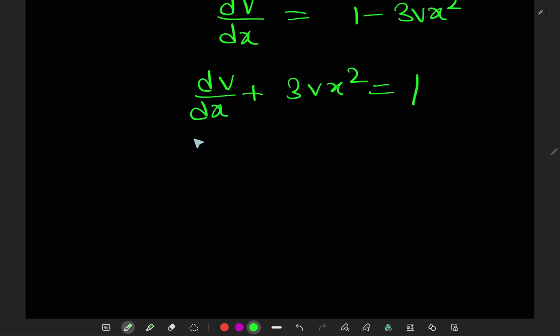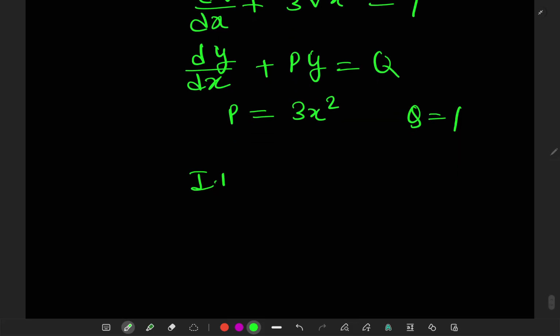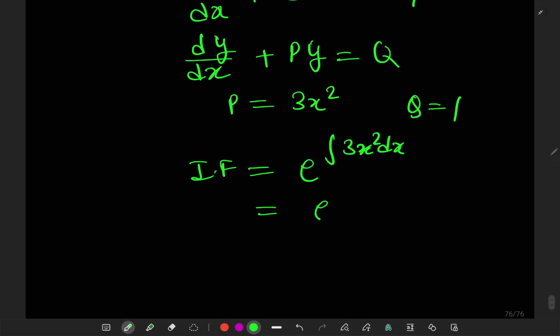Now comparing with the linear differential equation, here p is equal to 3x square and q is equal to 1. Now finding the integrating factor, we get e raised to power integral of 3x square dx. On integration we get e raised to power x cube.